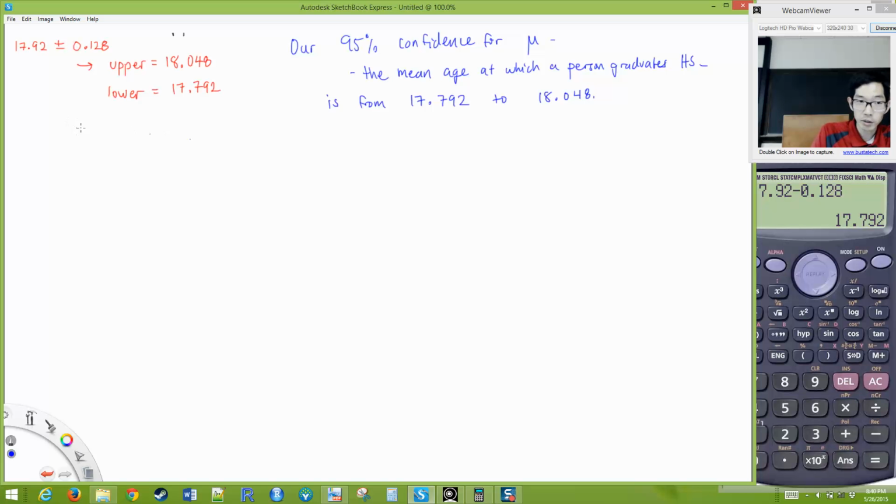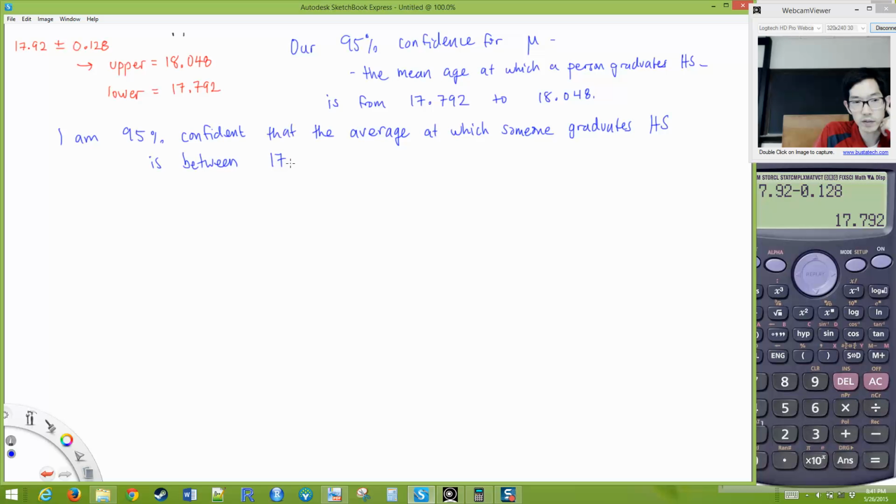Okay, so I write something like, I am 95% confident that the average age at which someone graduates high school is between 17.792 and 18.048 years old.